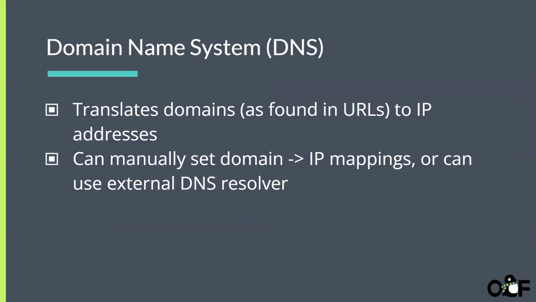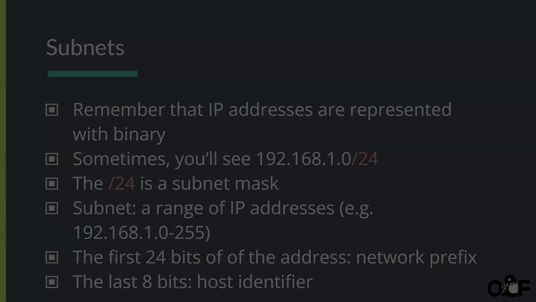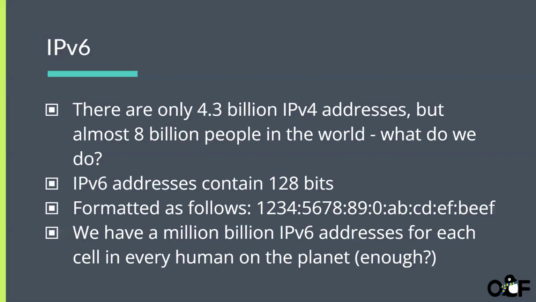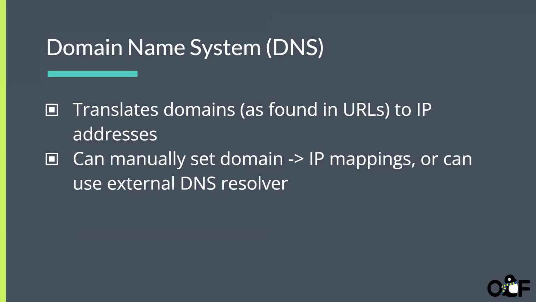Next. When you search in your browser for Google, you're searching a name. I've just defined a bunch of IP addresses and MAC addresses, all numbers. To translate these addresses into domains, so google.com is a domain, we use something called DNS.